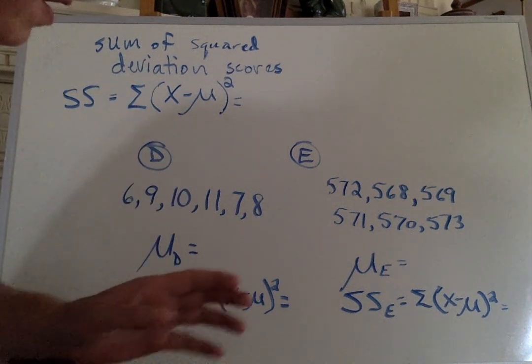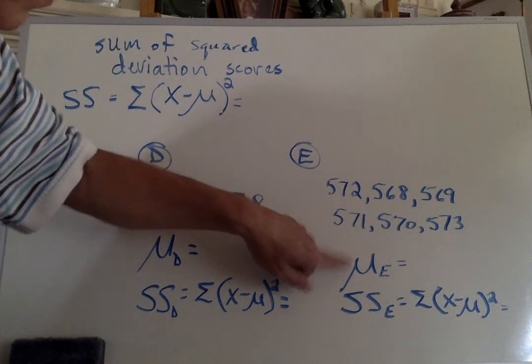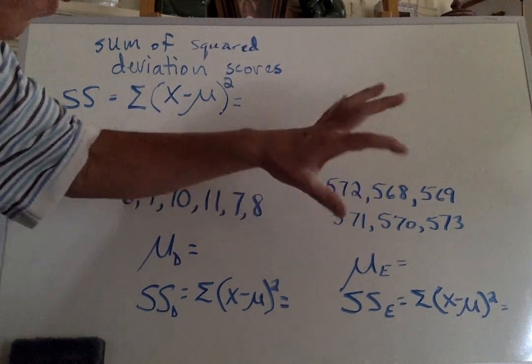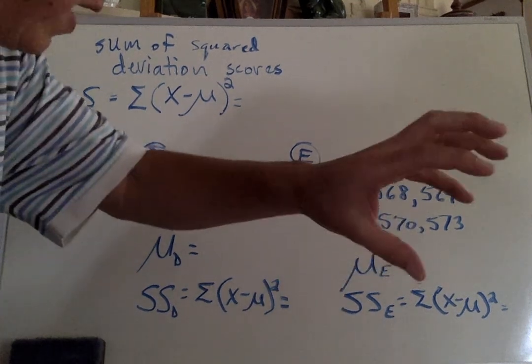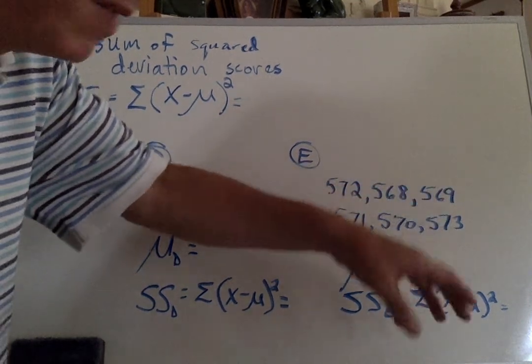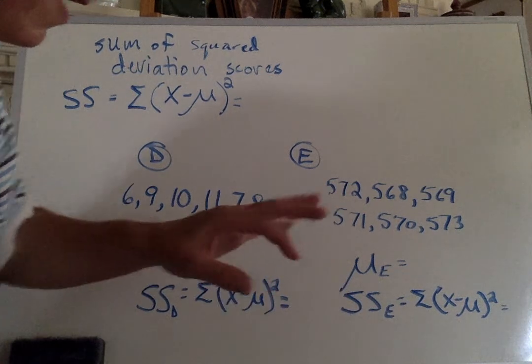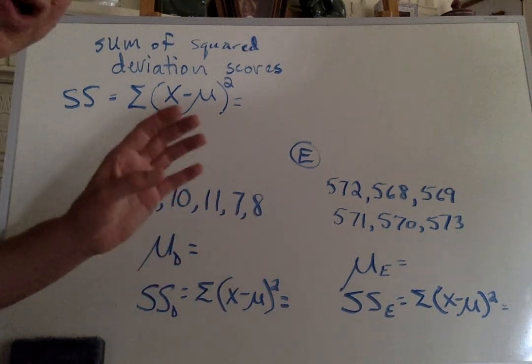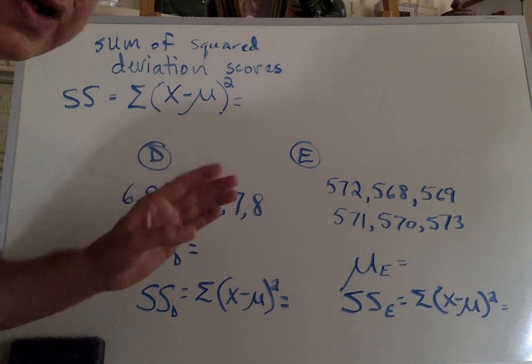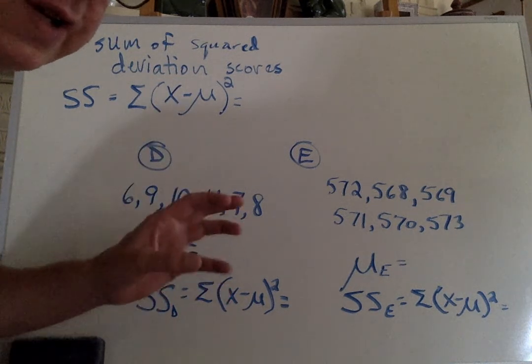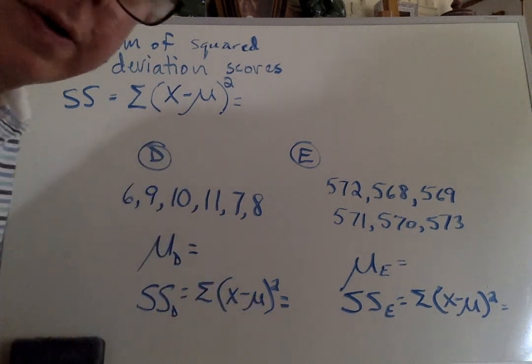Okay? So once we get our mean, we're going to say 572 minus the mean squared, 568 minus the mean squared, 569 minus the mean squared, okay, and so on and so forth. So let's do that, and then in the next video, we'll pick up from there.